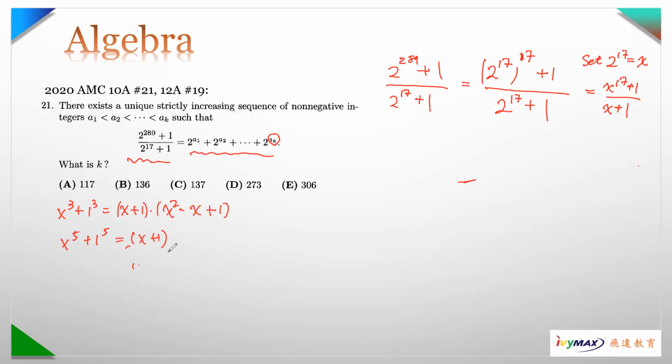So we can extract a common factor x plus 1 in this way. The second term will be x to the power 4 minus x to the power 3 plus x squared minus x plus 1.